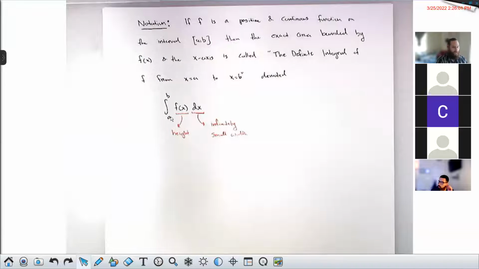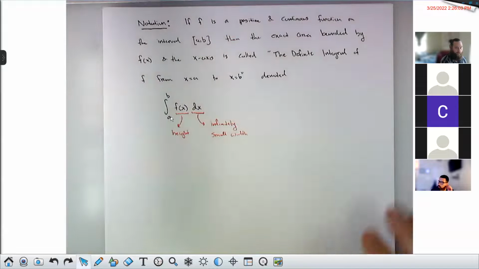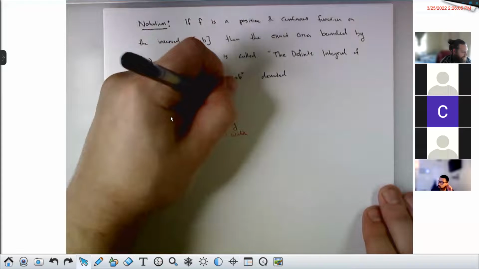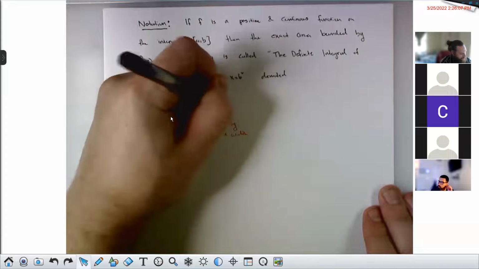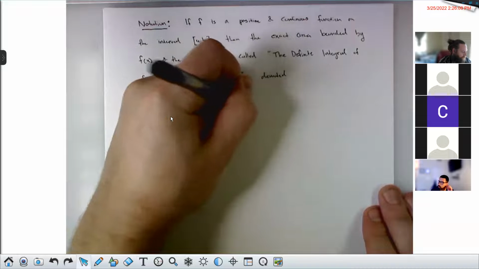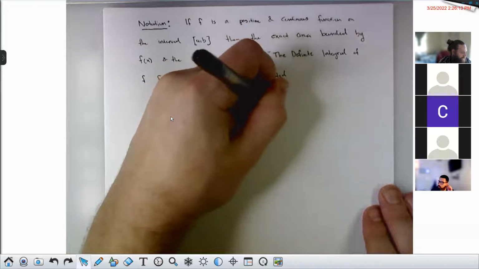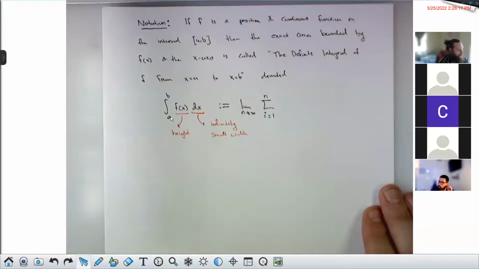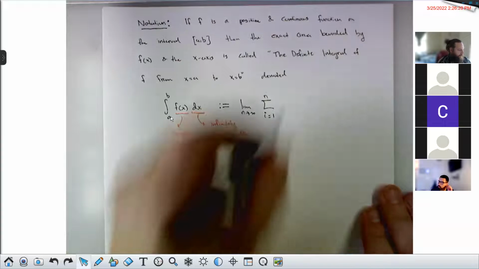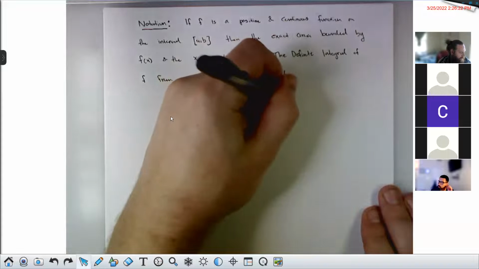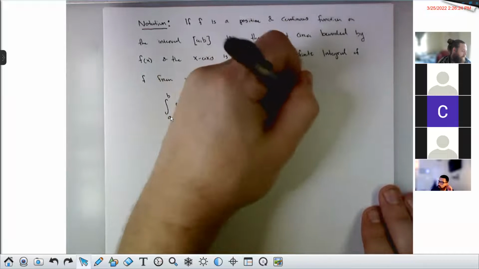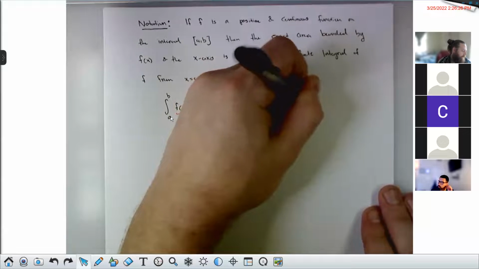And remember where this comes from. We think of this as the limit as n goes to infinity of the right endpoint Riemann sum. Lim n to infinity, sum i from 1 to n of f of xi times delta x.